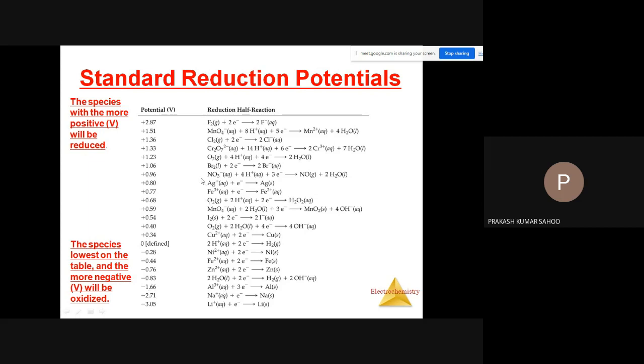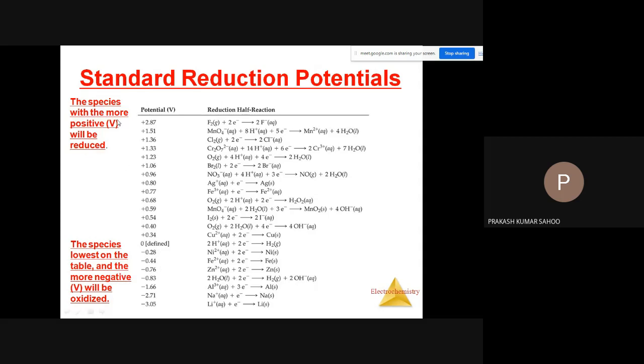So by this method, the different electrode potentials in terms of standard reduction potential are arranged in a table in descending order, and this table is known as the electrochemical series, that is ECS. Just remember here, fluorine is the strongest oxidizing agent, and lithium is the strongest reducing agent.